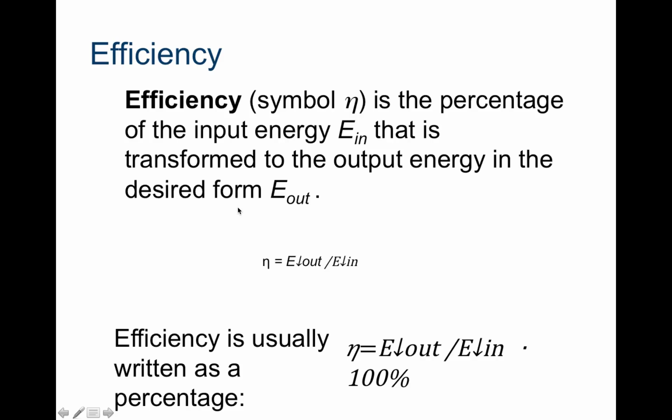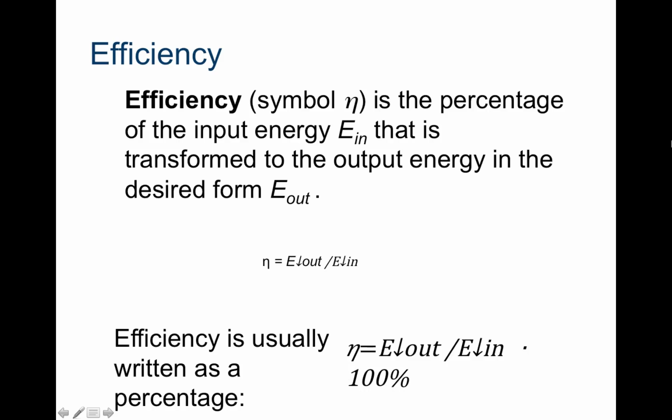In the desired form, that's the key part. So the amount of energy that you put in and the amount of energy that is useful to you is the output energy. So eta is just the fraction E out divided by E in. Usually it's presented as a percentage, so you multiply it by 100.